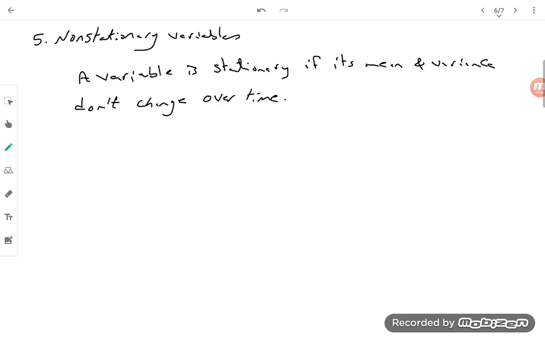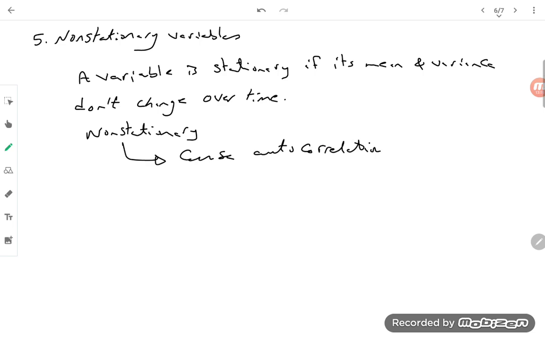If the variable is non-stationary and you run a regression using non-stationary variables, this may cause a problem of autocorrelation. So these are the five main causes or reasons of the problem of autocorrelation.